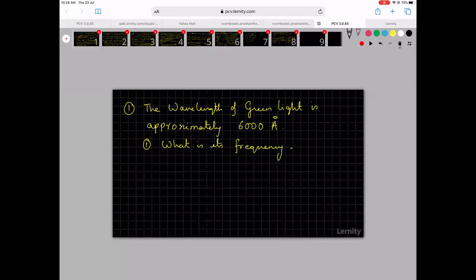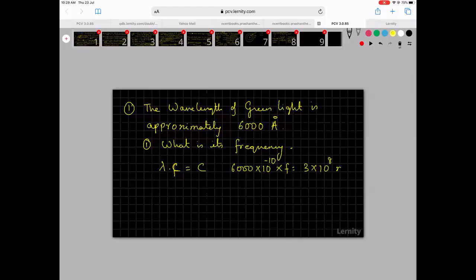Frequency is basically what we know: lambda into frequency is equal to c. Lambda is given as 6,000 into 10 power minus 10, into frequency is equal to 3 into 10 power 8 meters per second.